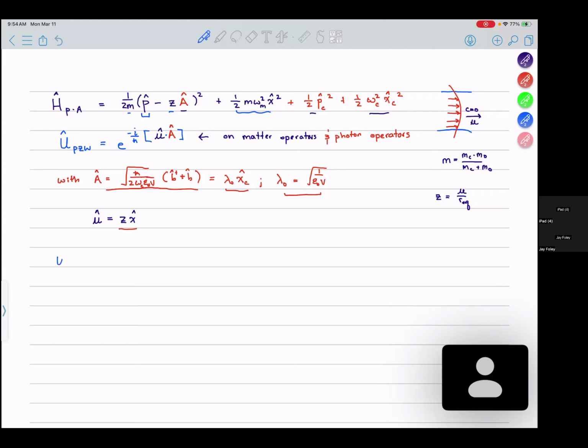So unitary operators with position operators will shift momentum, and similarly, unitary operators with momentum will shift position.